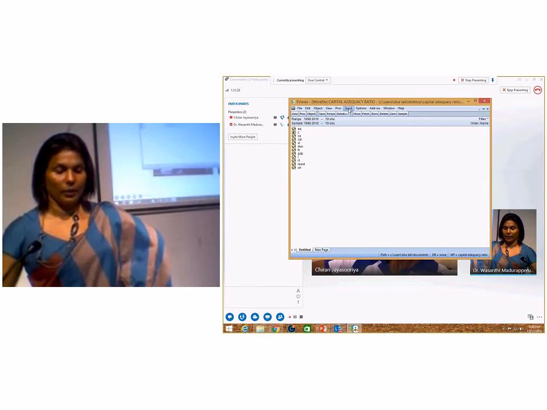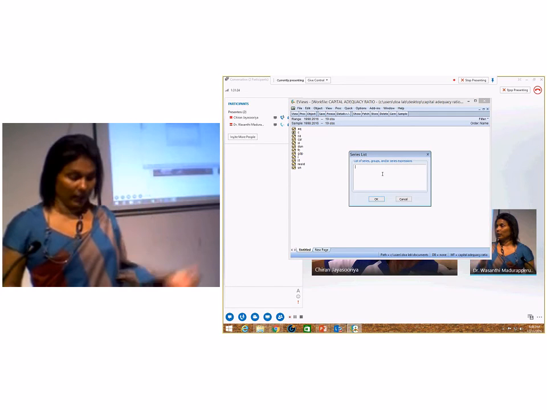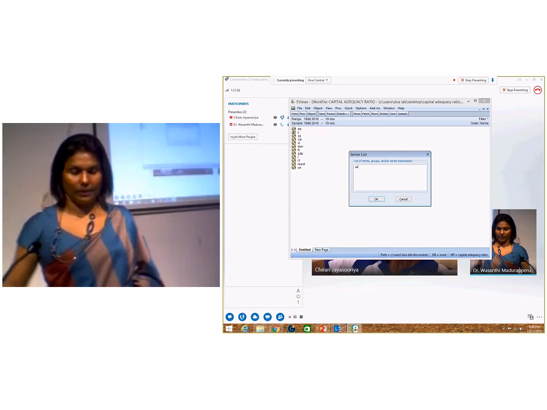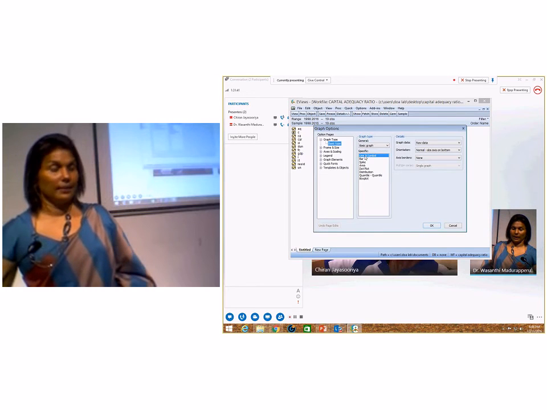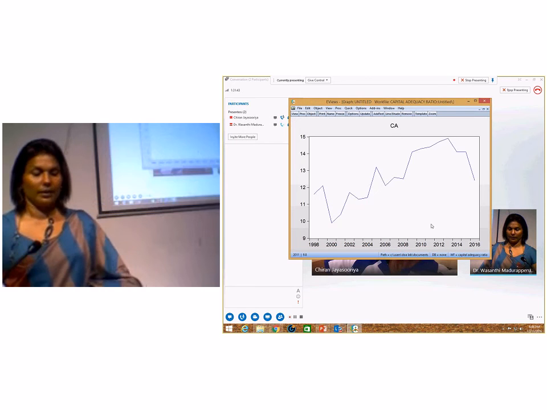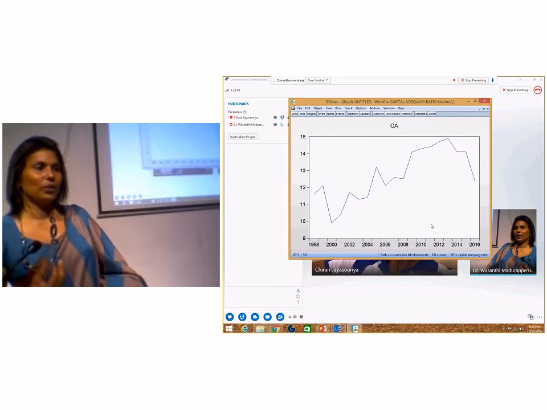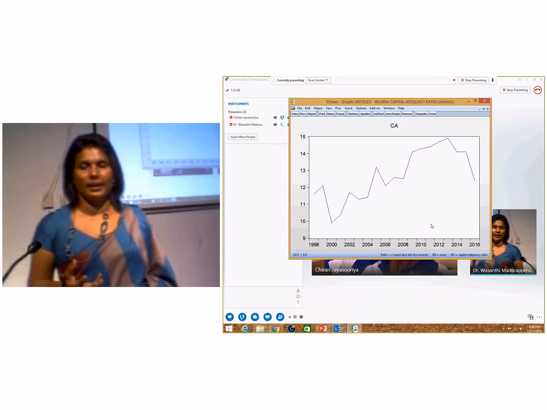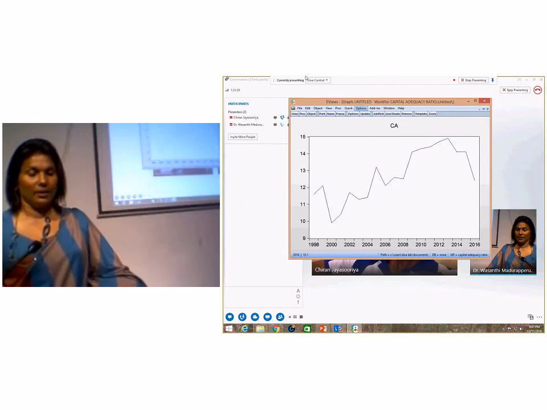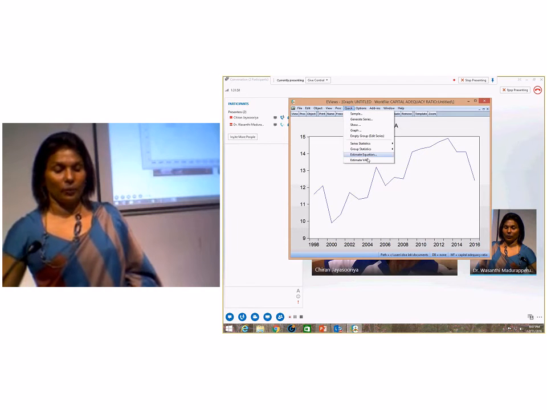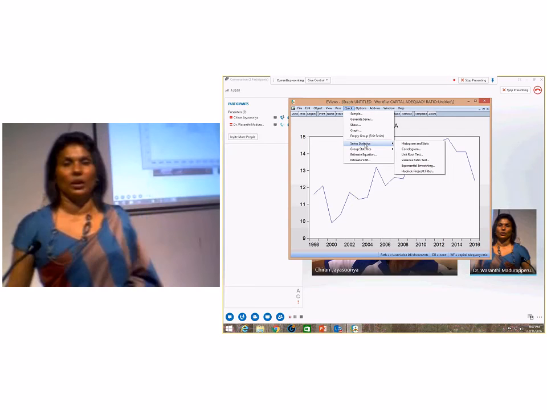Go to the graph, pick another variable, capital adequacy, CA, the line and symbol. Then this is the capital adequacy data series, right? You can't get a good idea just by viewing the graph, so it is better to check the autocorrelation and partial autocorrelation.